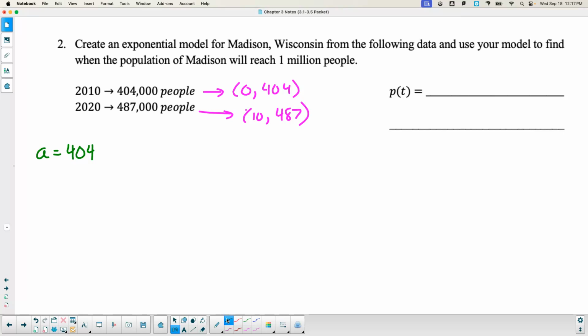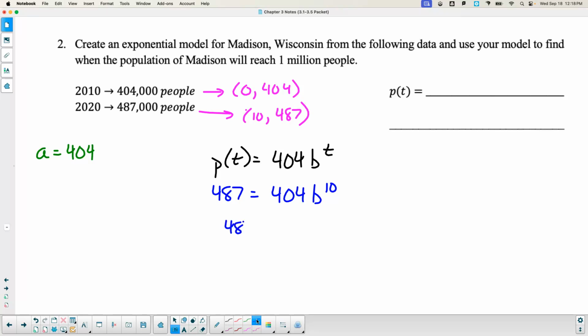So then my function, P of T, would be equal to 404 times B to the T power. Utilizing my second data point then, I would say that 487 is equal to 404 B to the 10th power, dividing both sides by 404. And then taking the 10th root.